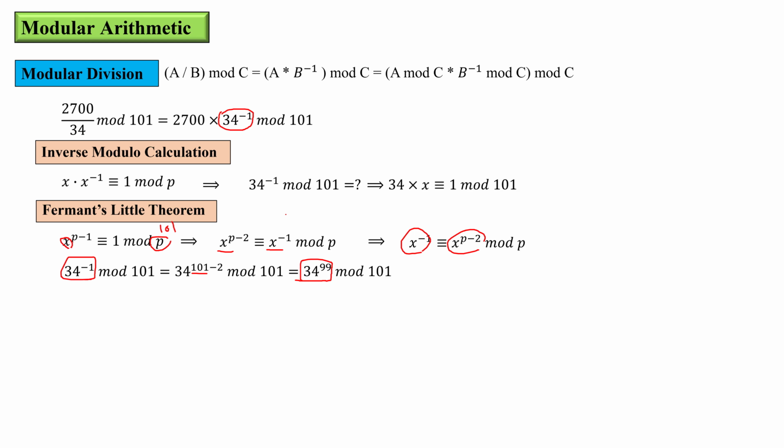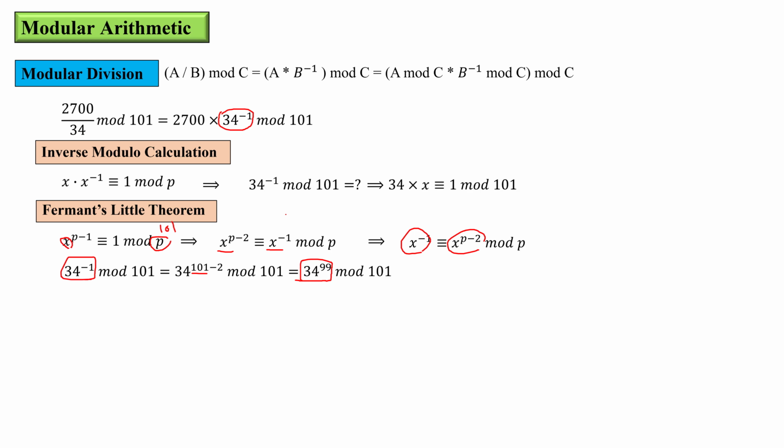So now how can we compute 34 to the power of 99? One method is to compute 34 by itself and then compute mod, multiply the final result by 34 again and compute mod, and repeat this process 99 times, or 98 times.